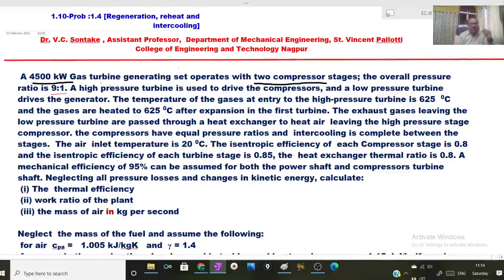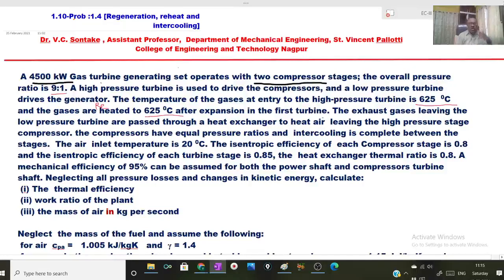kilowatt. The temperature of the gases at entry to the high pressure turbine is 625 degrees Celsius, and the gases are reheated to 625 degrees Celsius after expansion in the first turbine.